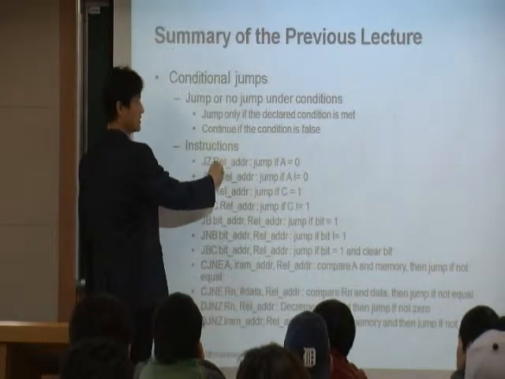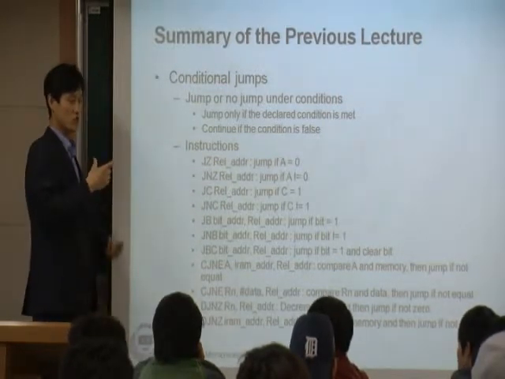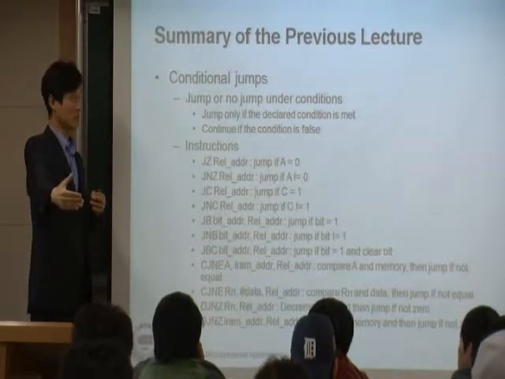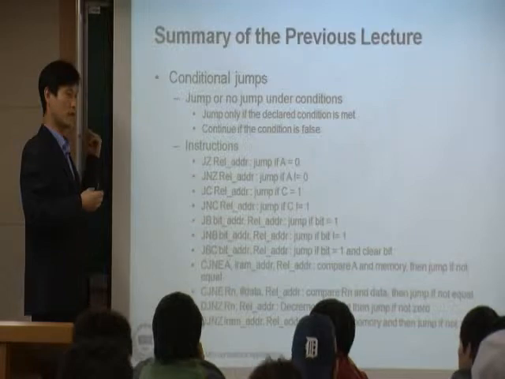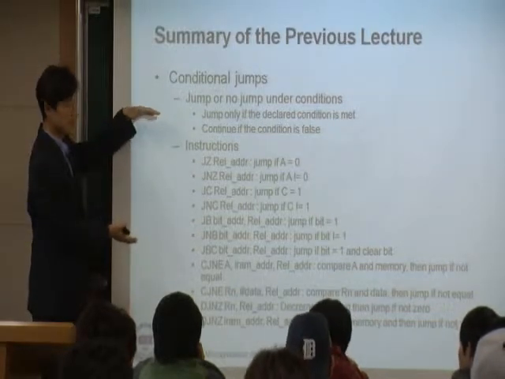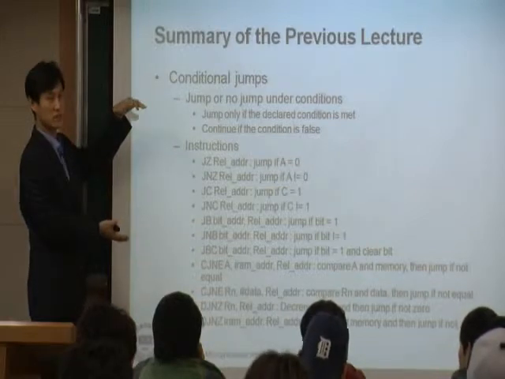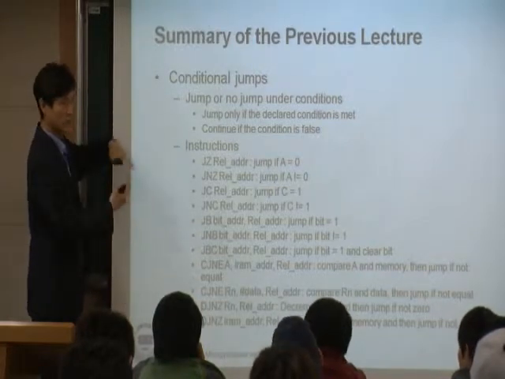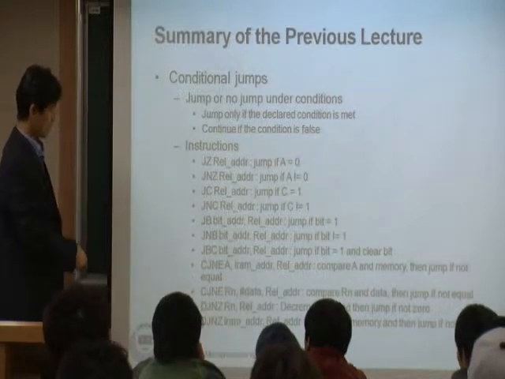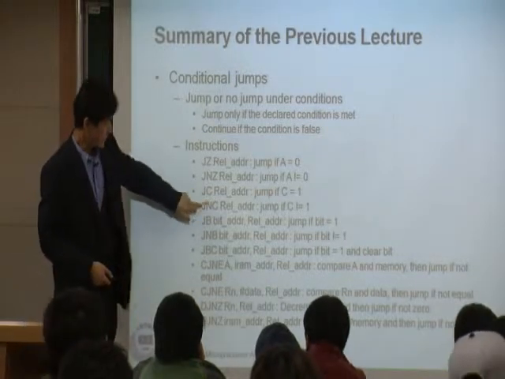Which basically means that this address is only 8 bits, and you can jump forward by a maximum of 127 or jump backward by minus 128, right? So the range of jumping, again, is only 256 bytes. 127 forward, minus 128 backward, okay? For all these instructions, including JNC, not carry.